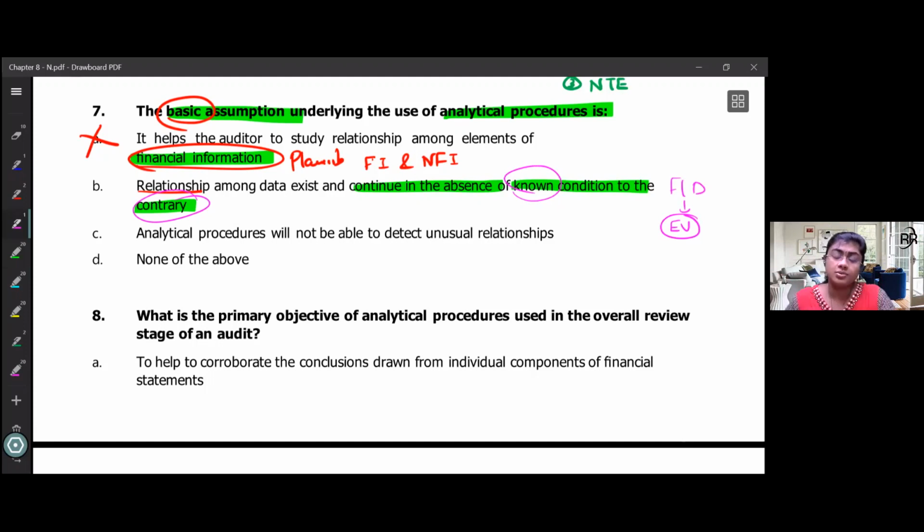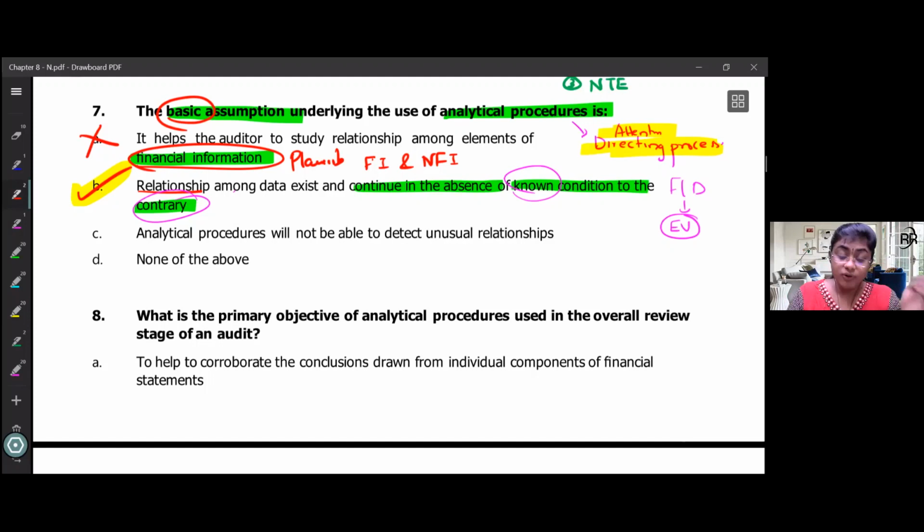It would continue unless we had done analytical. Actually, students, analytical procedure we can call an attention directing process. Kindly mark these words. Analytical procedures are also called attention directing process. Wherever you see huge fluctuation, deviation, our attention would go there. So the answer should be B, but let's read the others also.